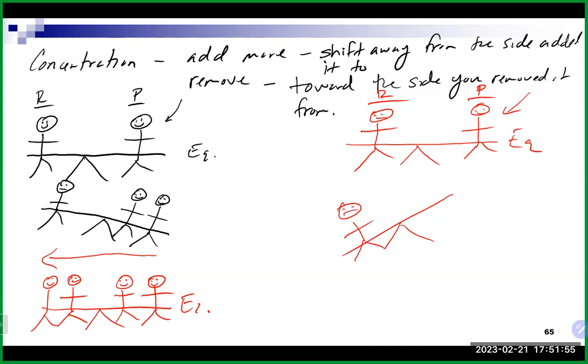At this point, we would need more people on the right-hand side. So we remove from the product side at the right. It will shift towards the right to fill the hole, if you want to think about it that way. And once again, we will come back to equilibrium position here and be happy afterwards.